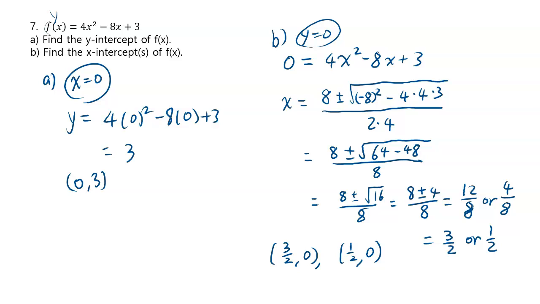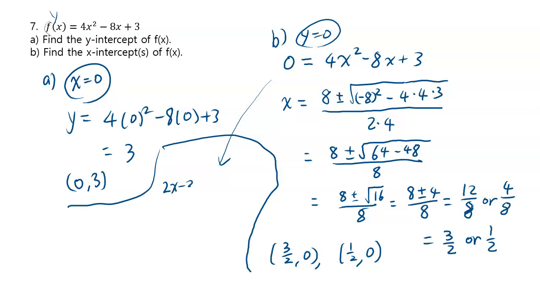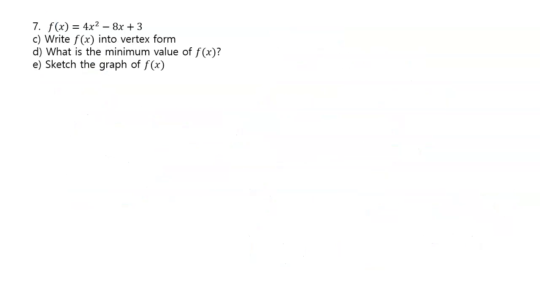Another thing that I want to say is, if you did this by factoring, this thing over here would be (2x minus 3) times (2x minus 1). So if you try to do this by factoring, see if you can get this. Okay, then you get the same answer.